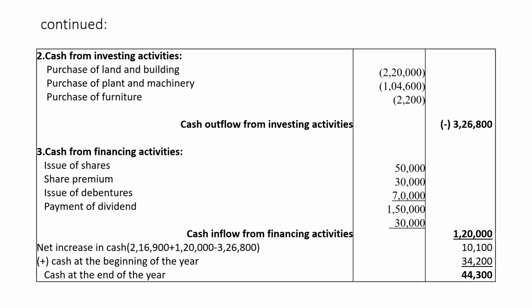Net increase in cash for the year is 10,100. To this add cash balance at the beginning of the year 34,200. Then we will get 44,300 as cash at the end of the year.